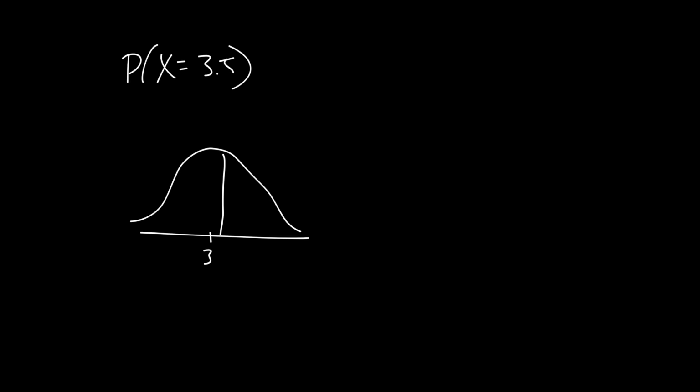Well, the probability that x is equal to 3.5 is basically asking us for the area that corresponds to that line. Right? Because we talked about how probabilities for the normal distribution relate to areas under the curve. So as we learned in calculus, a line does not have any area, and therefore the probability here must be 0.